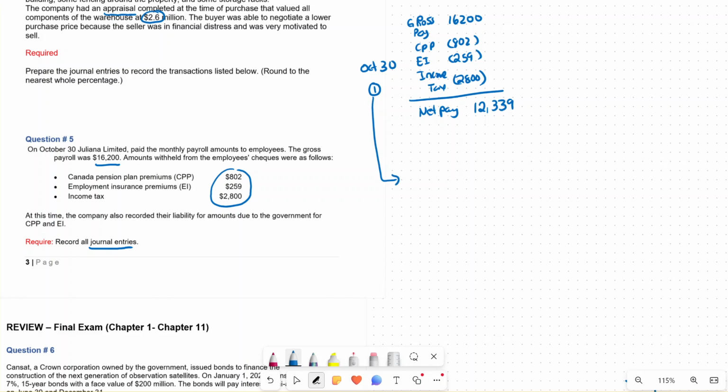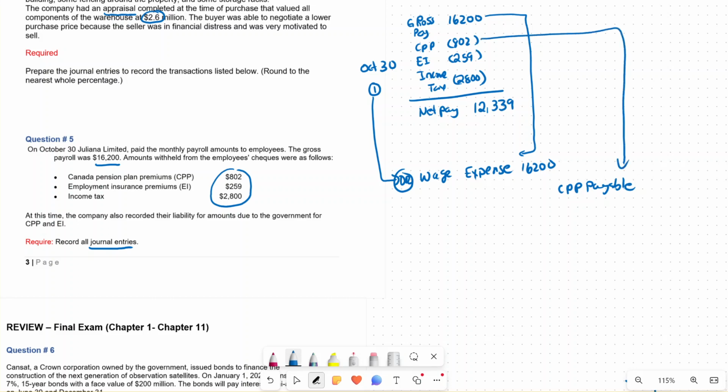My first entry is to record the payroll. The debit will be my wages expense, 16,200. Then my CPP payable, and that will be 802. Again, this is my credit.